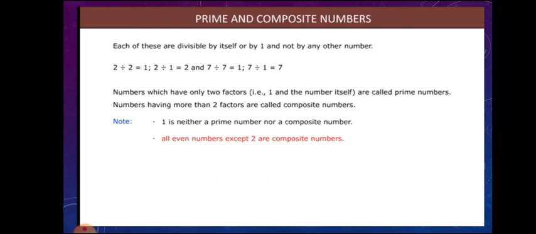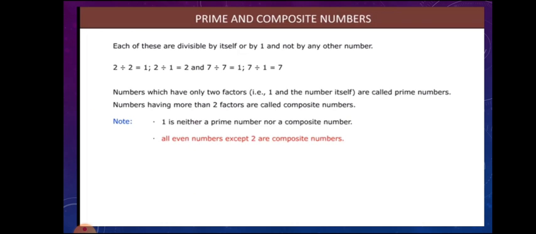Now, each of these is divisible by itself or by 1 and not by any other number. Just like 2 divided by 2 is equal to 1. 2 divided by 1 is equal to 2. And 7 divided by 7 is equal to 1. 7 divided by 1 is equal to 7.